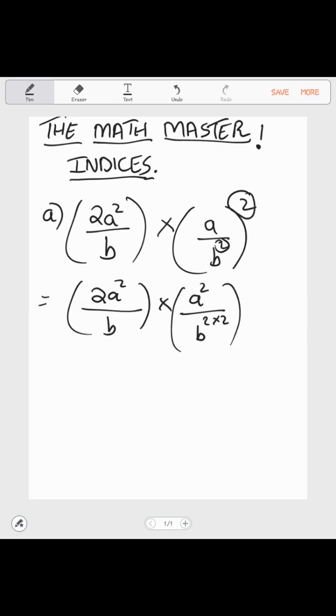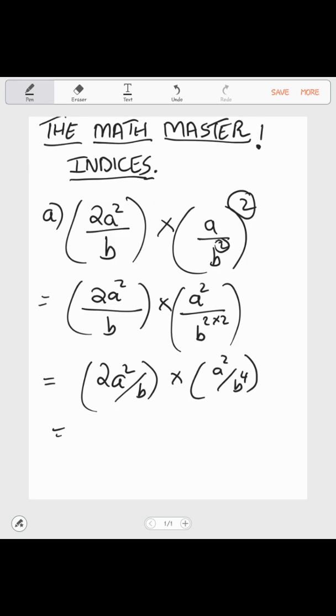So that's how it will be done, and then it will be 2a squared over b. I'm just writing aside because of no space. Then it would become a squared over b to the power 4. Now what you can do over here is simply simplify the powers.